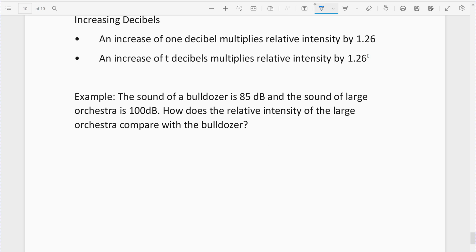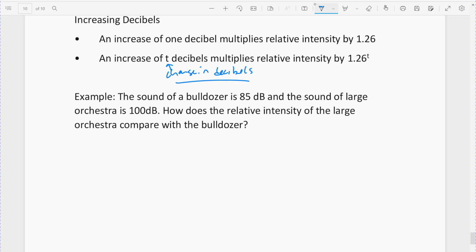It's an approximation, but it's a pretty good approximation, 1.26. And for an increase of T decibels, the change in intensity would be 1.26 raised to the T, just like the earthquake change was 10 raised to the T.